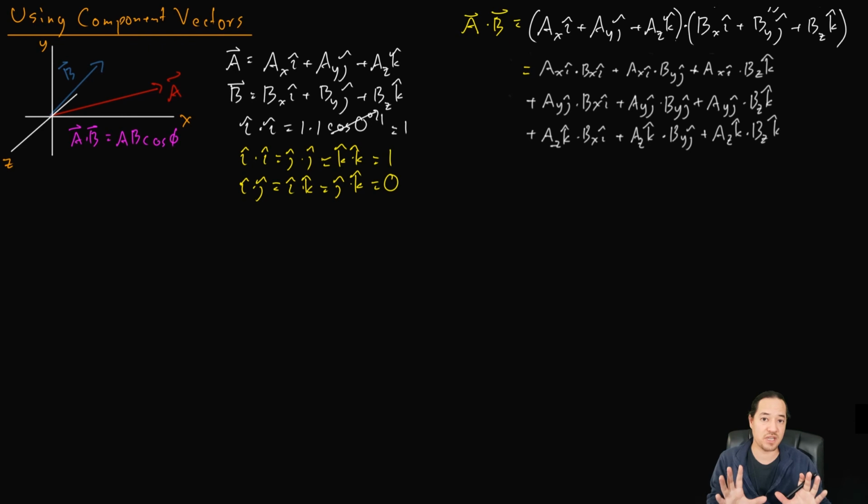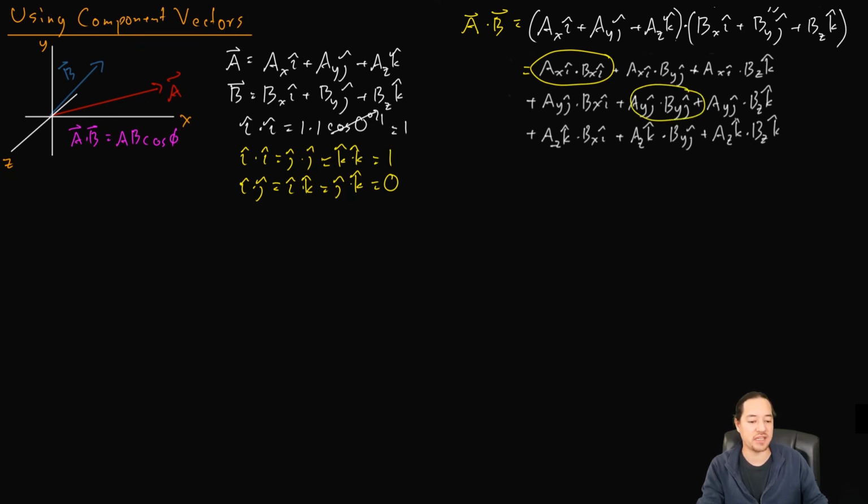So this is what's going to help us simplify these 9 messy terms that we've expanded out after distributing everything. We're going to see that this term survives. i dot i is 1, j dot j is 1, k dot k is 1. Everything else involves unit vectors that are at 90 degrees with each other, and so these dot products all go to 0 and they disappear, just like that.